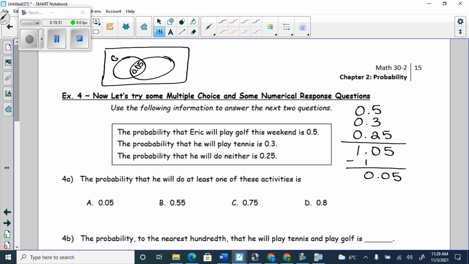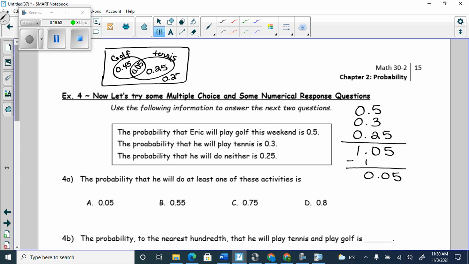I have golf and I have tennis. Now, he plays golf is 0.5, so that means the whole circle should have 0.5. It already has 0.05, so it's 0.45 golf only. And then tennis is 0.3, but it already has 0.05, so this is 0.25. And then on the outside, I have 0.25.